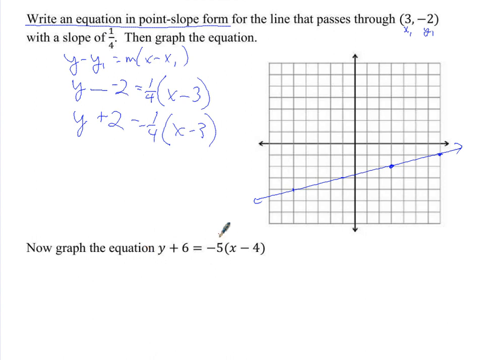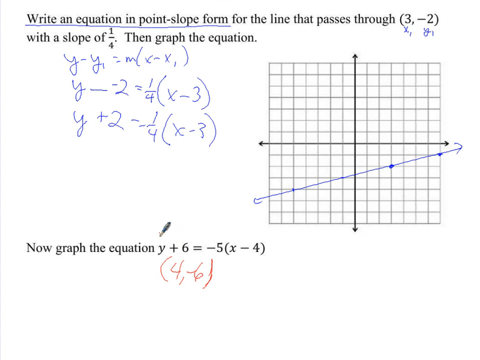So now we've got to figure out what the ordered pair was in point slope form. What is it? 4 comma negative 6. Why is it 4 negative 6? Because point slope form says y minus y1. But I don't see a minus, I see a plus right here.